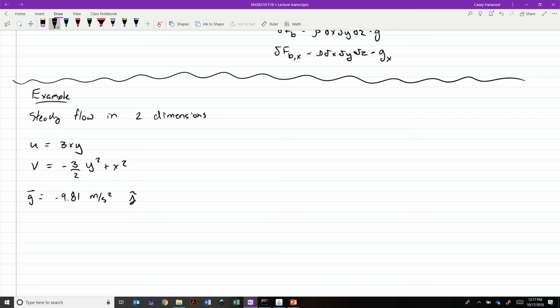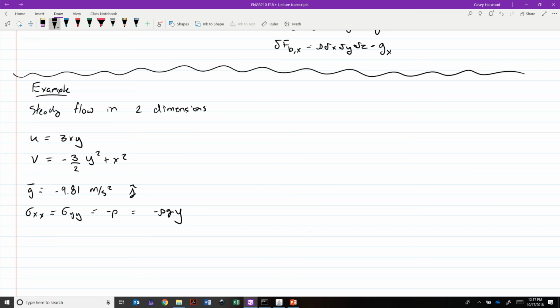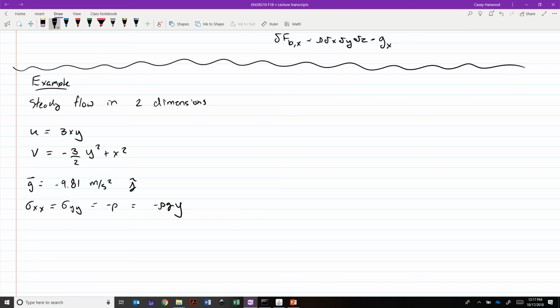So we'll say y is the vertical. And we'll say that sigma xx is equal to sigma yy equal to negative pressure, equal to negative rho g y. Okay? So hydrostatic pressure gradient. So this is our given information.